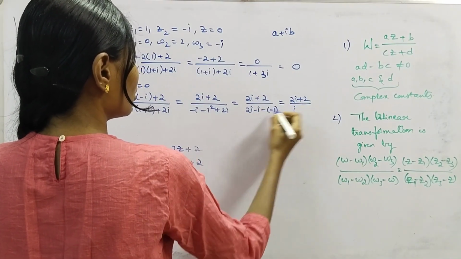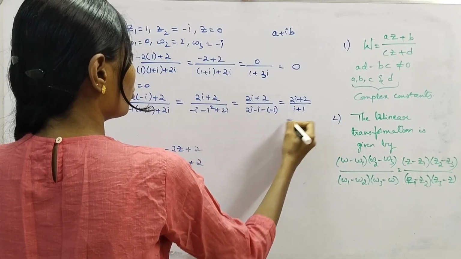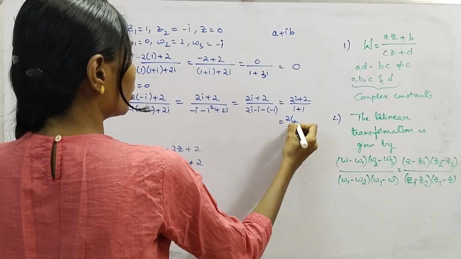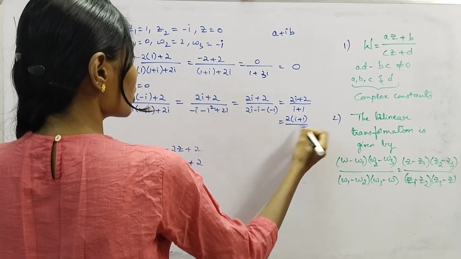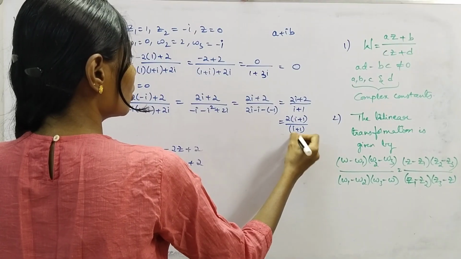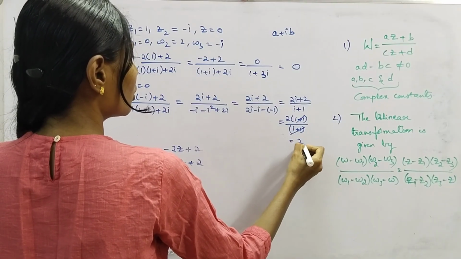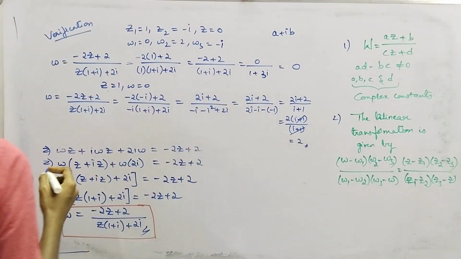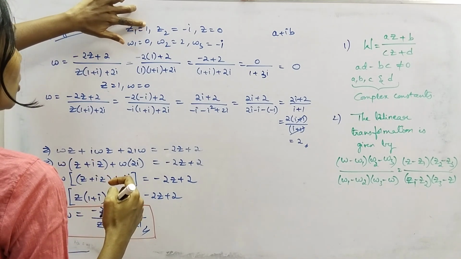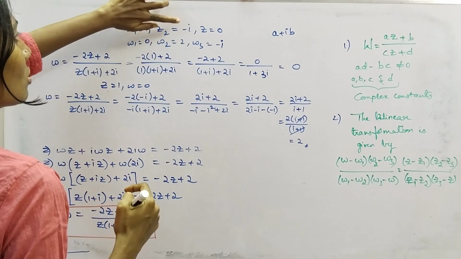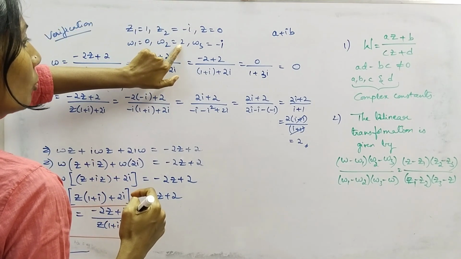Just i. Take 2 common from the numerator. You'll get 2 times i plus 1 by i plus 1. You can cancel out the complex number, then you'll get 2. So when z equal to 1 you got omega equal to 0, and when z equal to minus i you got omega equal to 2.